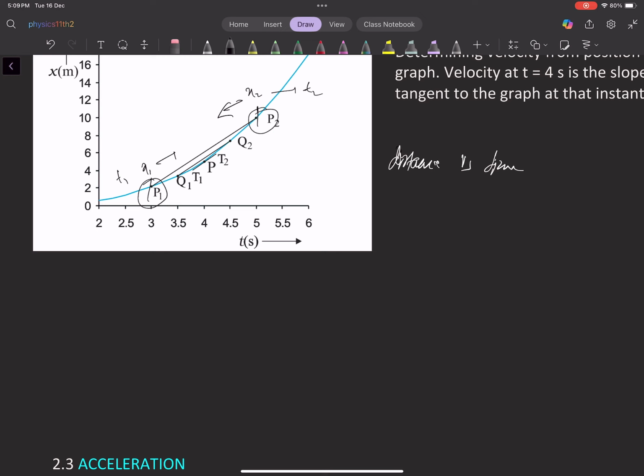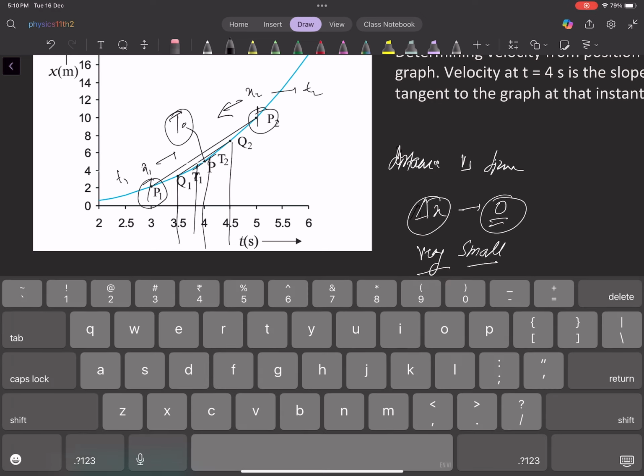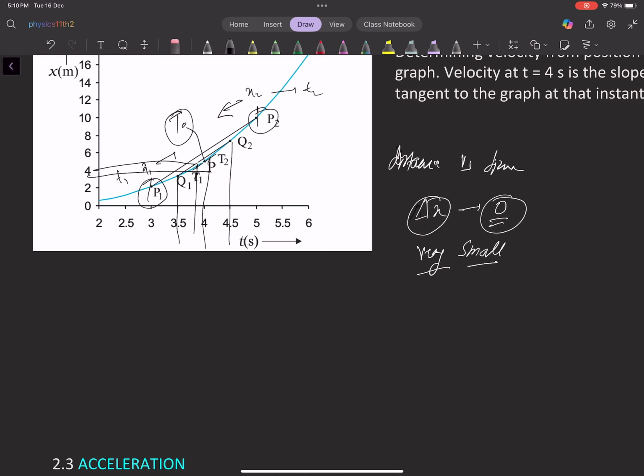Now we are decreasing it to Q1 and Q2. And then finally T1, T2, and finally this point, that is T0. So this distance will be very small. So delta x will approach 0. It means that this distance which we have taken is very small, right?